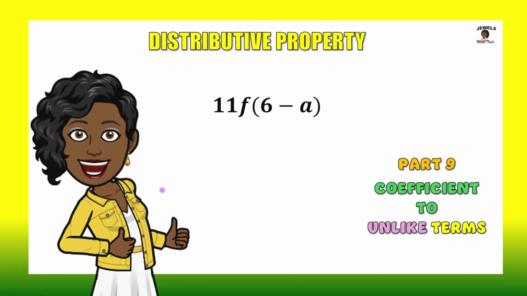In our session today, this is part 9 on using our distributive property. And in this session, we are distributing a coefficient and we're working with two unlike terms within our brackets. If you're ready to see how to simplify this expression, let's get started.